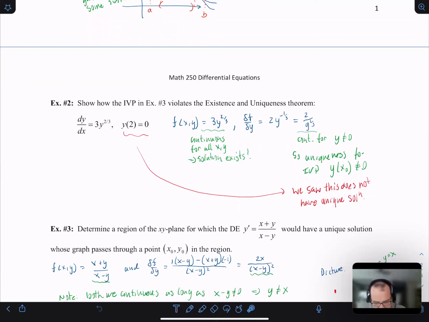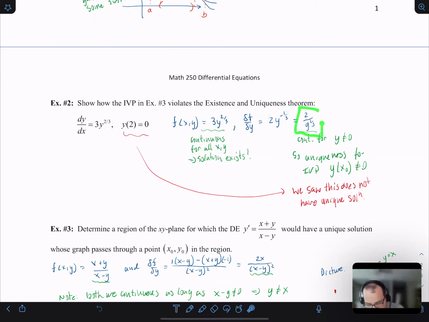Then the other thing we want to check for uniqueness is the partial derivative of 3y to the 2/3. Again, this being just a function of y, the partial derivative here is just the derivative with respect to y. So 2/3 comes down in front, times 3 is 2. And then we have a y to the minus 1/3. That is our partial derivative.